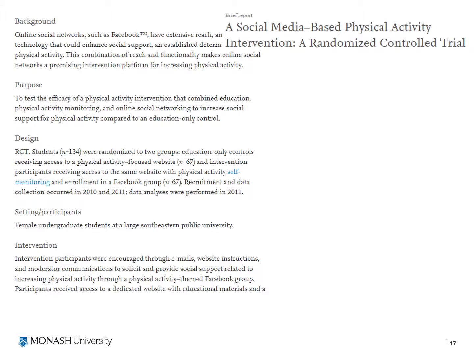Here's another example of a randomized controlled trial. This is looking at physical-based activity and how much of an impact it has. What you can do with these types of studies is not necessarily have a placebo group, but have one group which has the intervention, and then another group which also has the intervention plus an additional aspect to it.